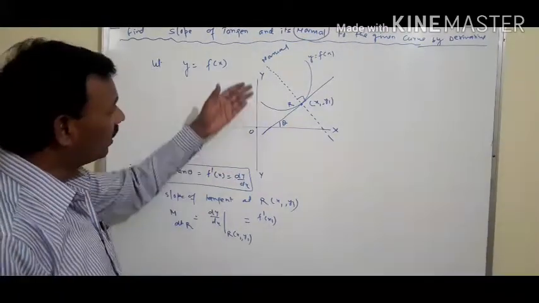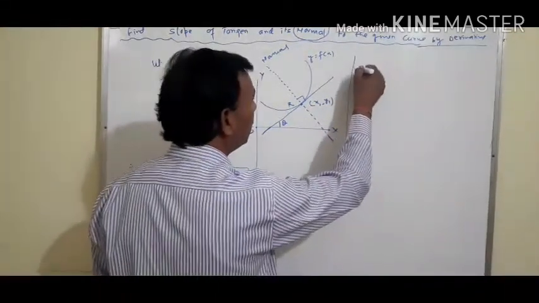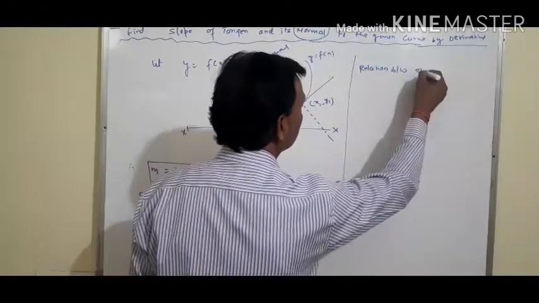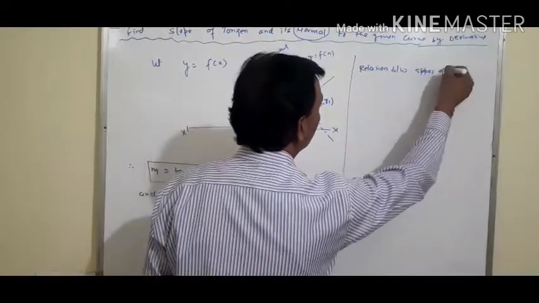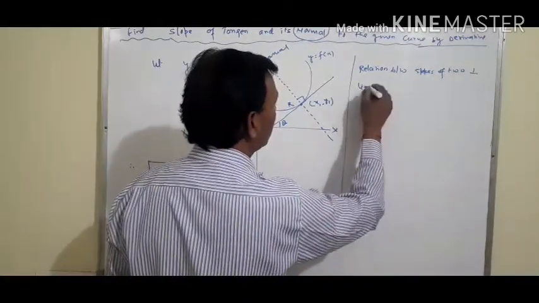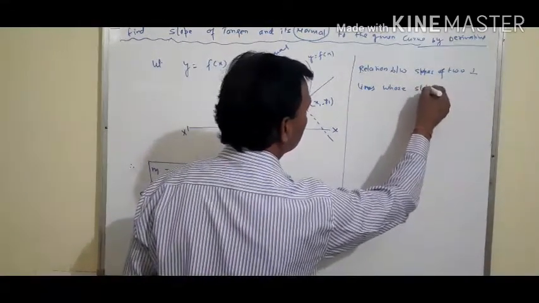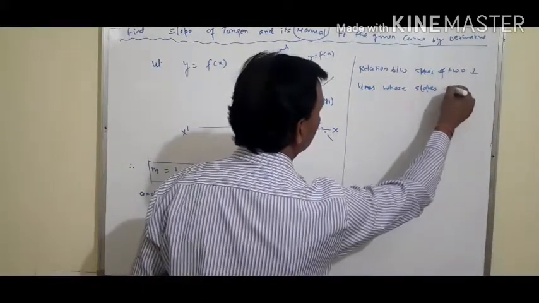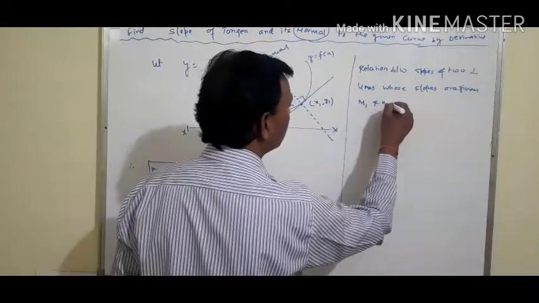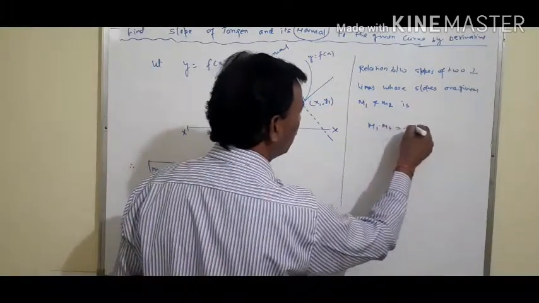Now if you want to find the slope of this normal, then as you know, the relation between the slopes of two perpendicular lines whose slopes are given as m1 and m2 is m1 into m2 equal to -1.